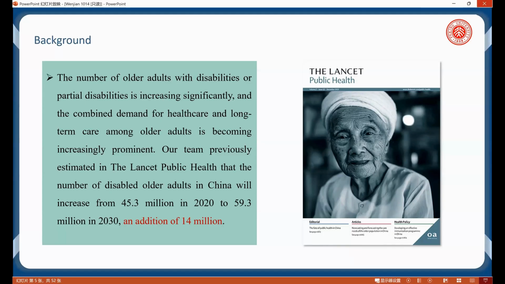Our team previously estimated in The Lancet Public Health that the number of disabled older adults in China will increase from 45.3 million in 2020 to 59.3 million in 2030.